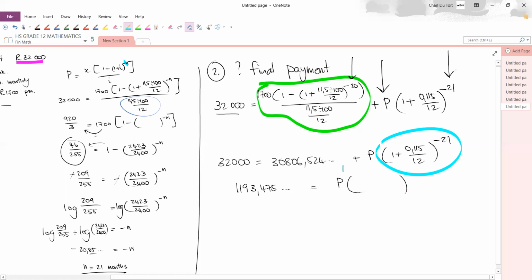So that is 0.81849. So I'm just going to divide that 1193.475 with the answer. So the final payment is 1,458 Rand and 14 cents.